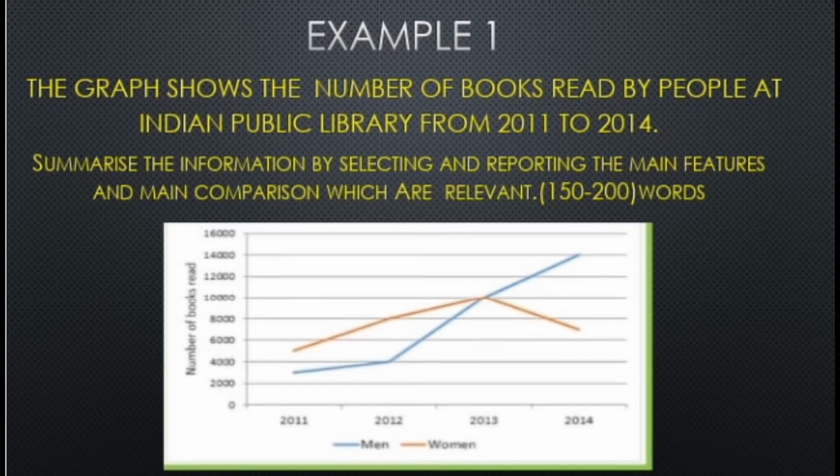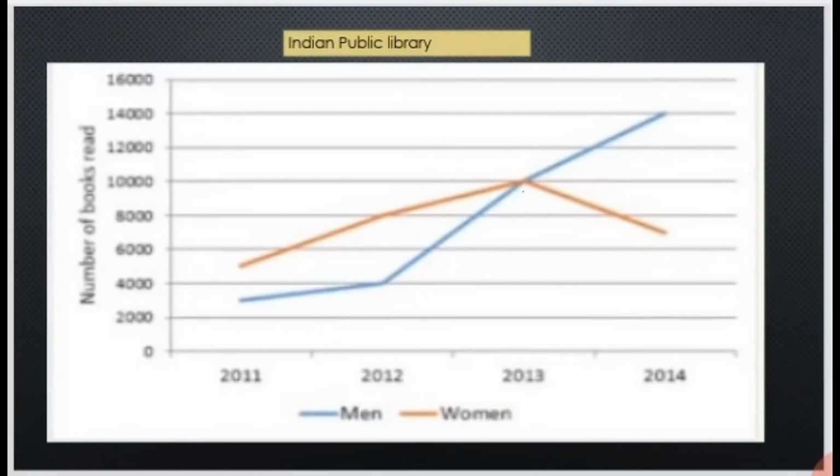Summarize the information by selecting and reporting the main features and main comparisons which are relevant, in 150 to 200 words. So this is how the question will be given, and along with that, the graph will be given. Let's see the graph in detail first. See the graph carefully.